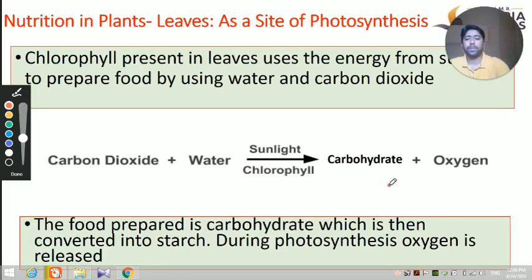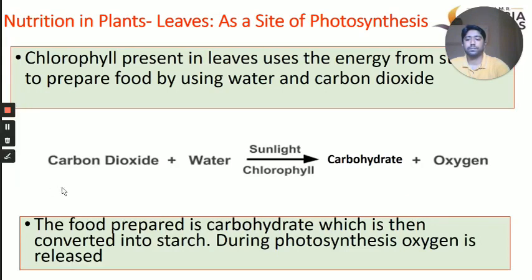The food prepared is carbohydrate, which is then converted into starch. Okay, the prepared food, carbohydrate, combines together to form starch. During photosynthesis, oxygen is released to the atmosphere.